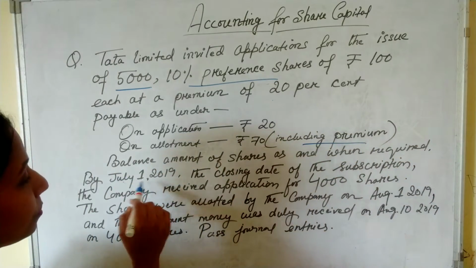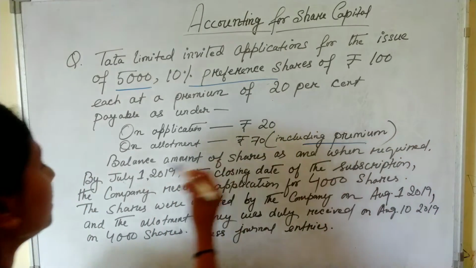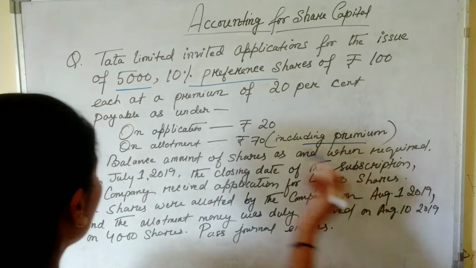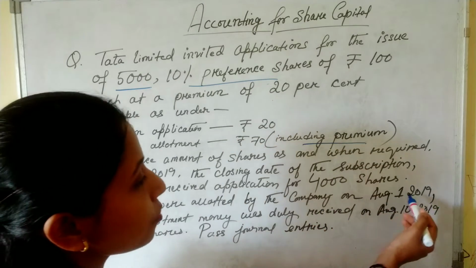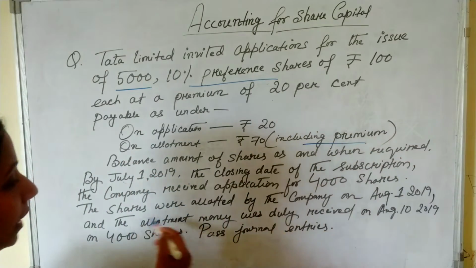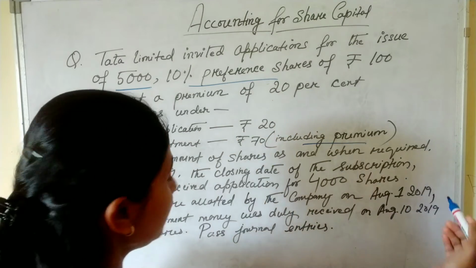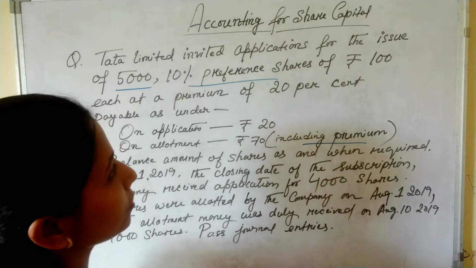By July 1, 2019, the closing date of the subscription, the company received applications for 4,000 shares. The shares were allotted by the company on August 1, 2019 and the allotment money was duly received on August 10, 2019 on 4,000 shares. Pass journal entries.